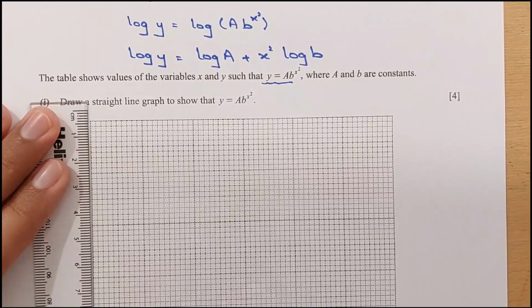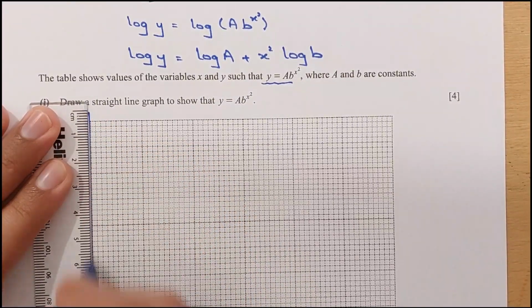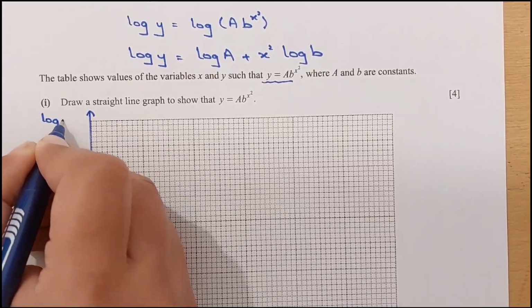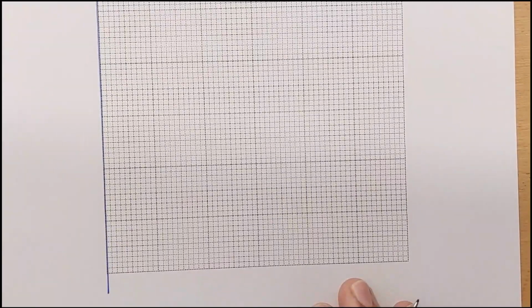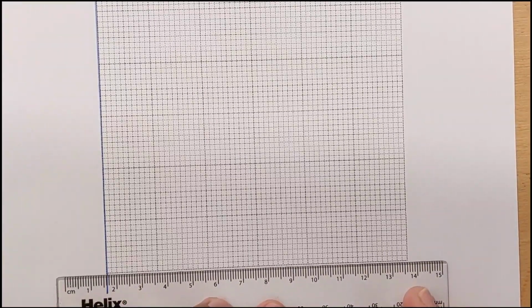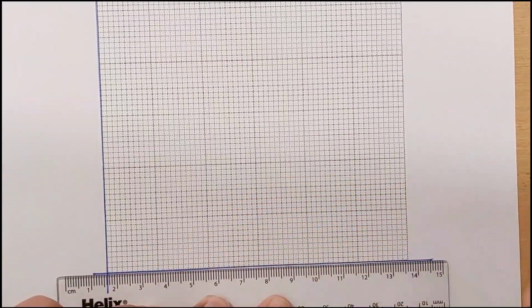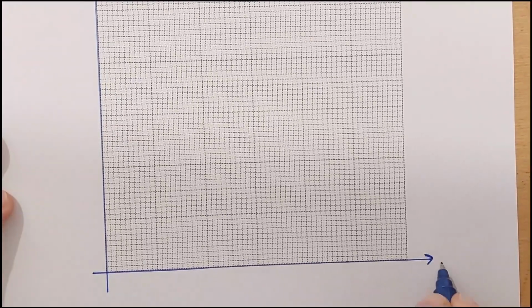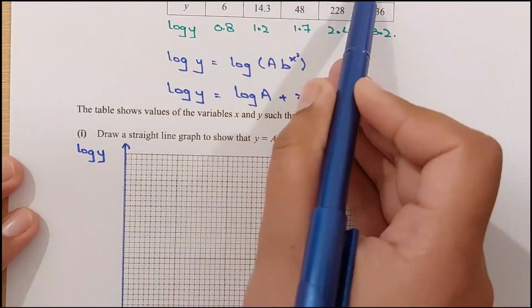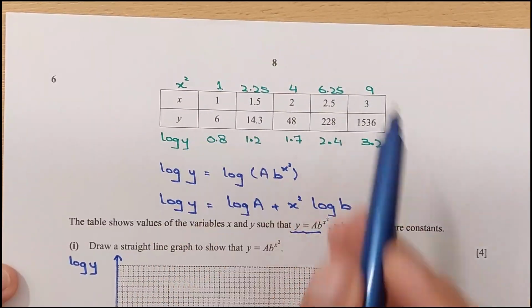So my vertical axis is the log y axis, and the horizontal axis is the x square axis, right? The values of x square are between 1 and 9.